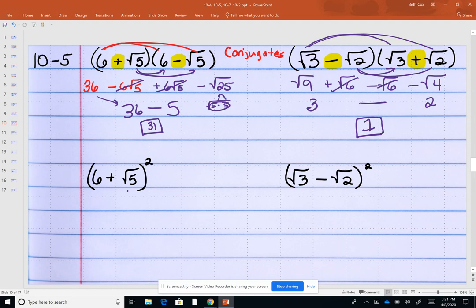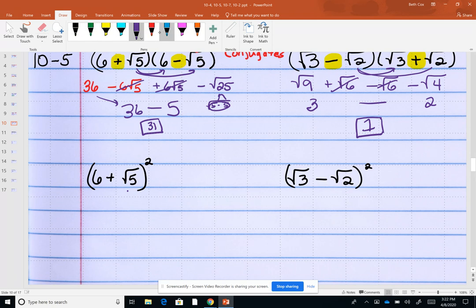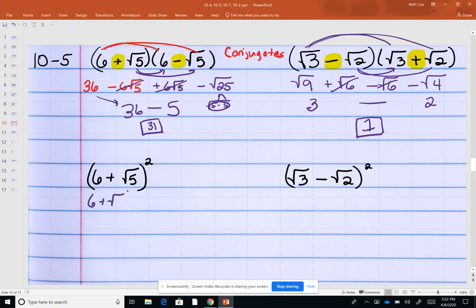Okay, so now these other two, these are not conjugates. These are not conjugates, and so you need to make sure that you know the difference between the two. These are the same. This one is 6 plus the square root of 5 times 6 plus the square root of 5.